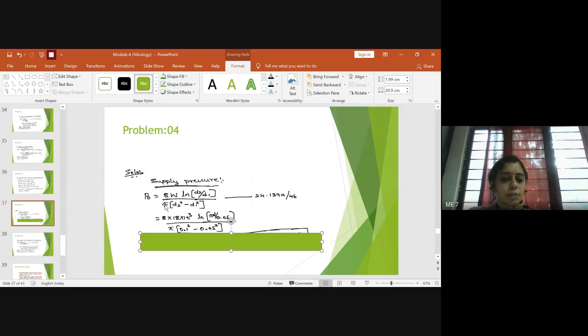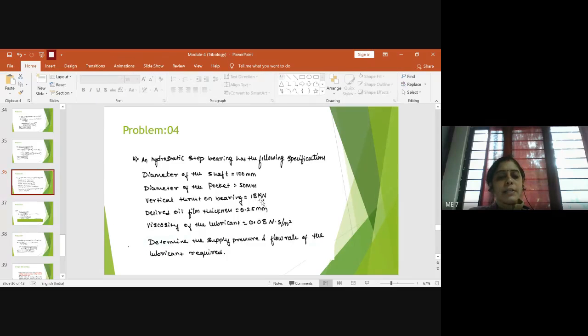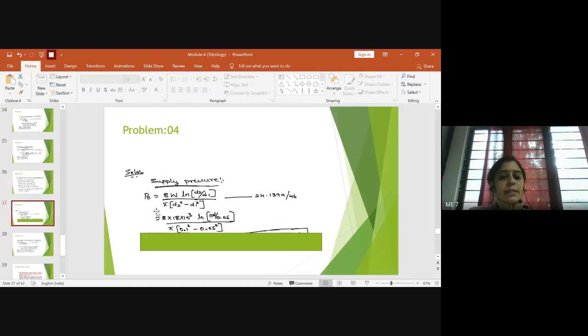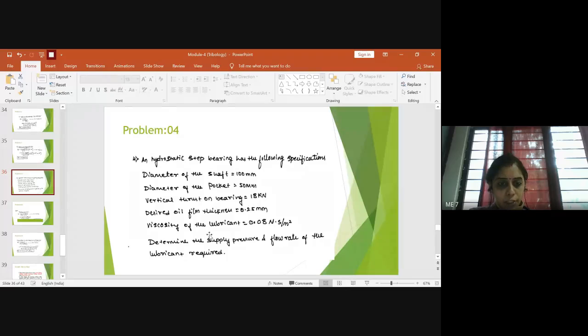So you'll substitute. 8 is a constant. W is the load which has been acting, the vertical load. What is being given in the question? It is 18 kilonewton. So you will write it as 18 into 10 raised to 3 into log of d2 by d1. So d2 is how much? The diameter of the shaft is 100 mm and the diameter of the recess or the pocket is 50 mm.